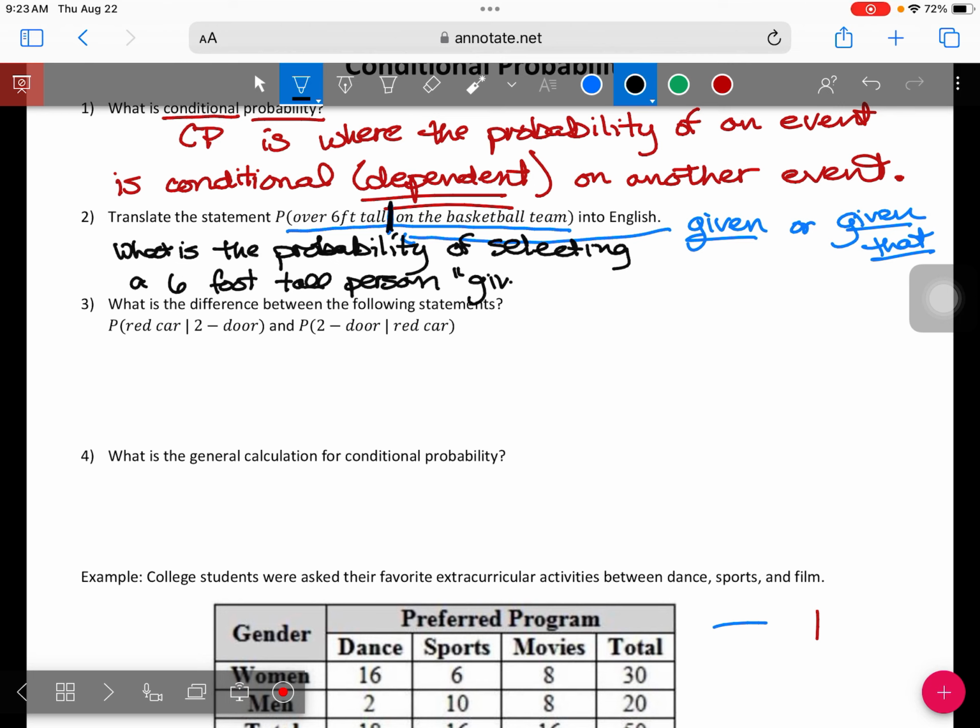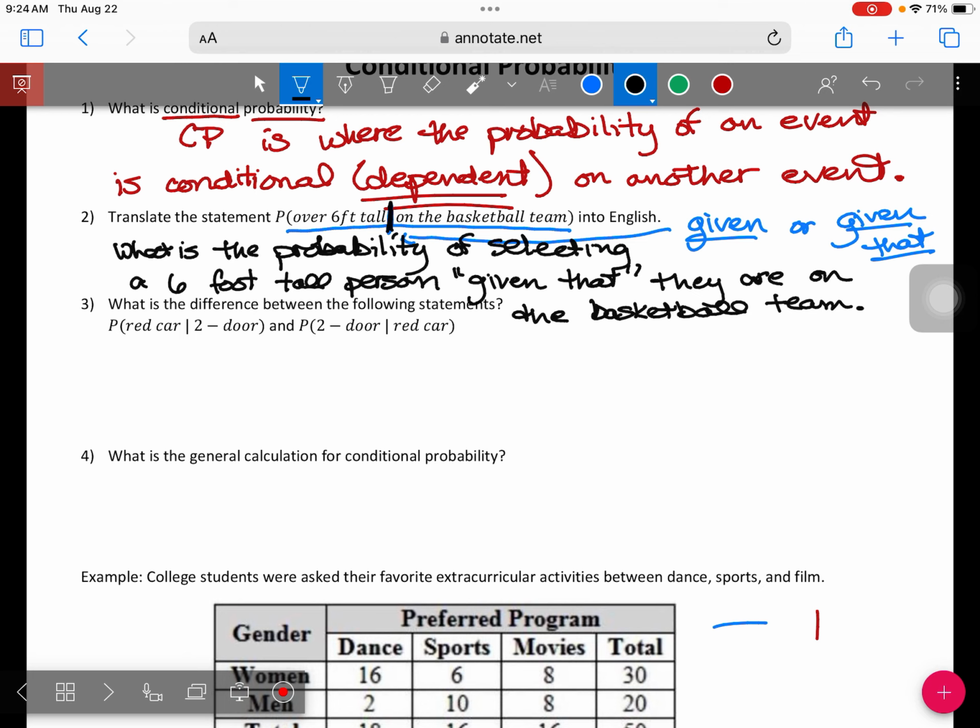Given that they are on the basketball team. Okay. So the actual translation, what is the probability of selecting a 6-foot tall person given that they are on the basketball team?